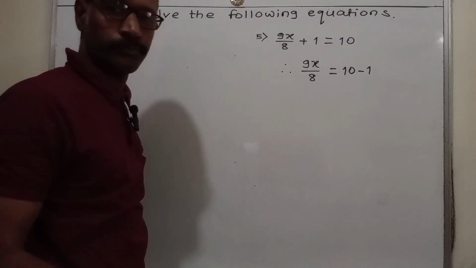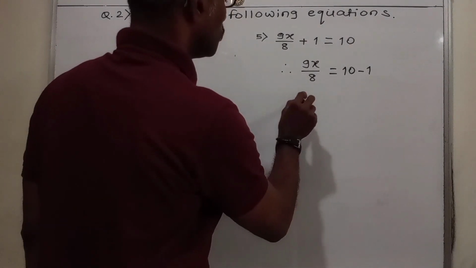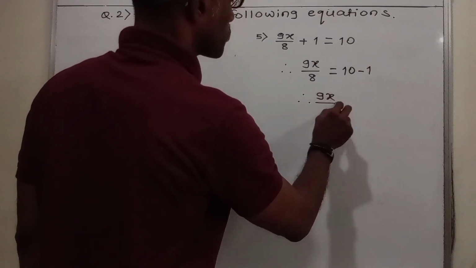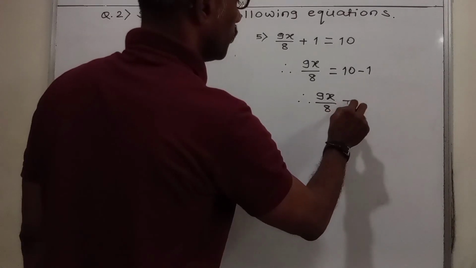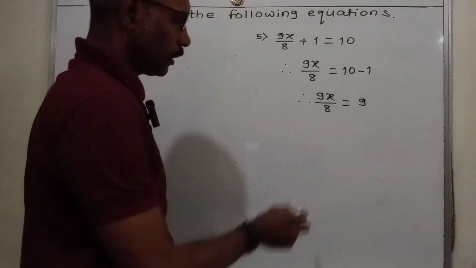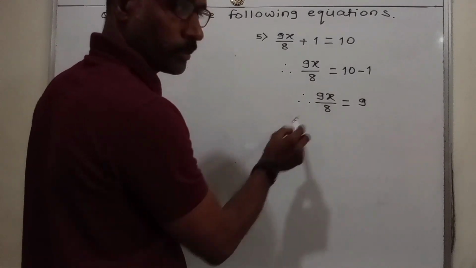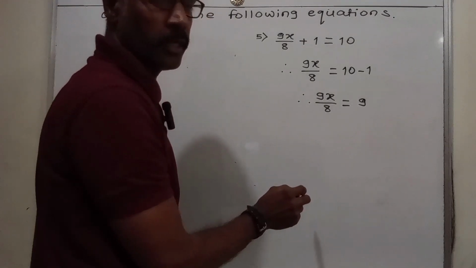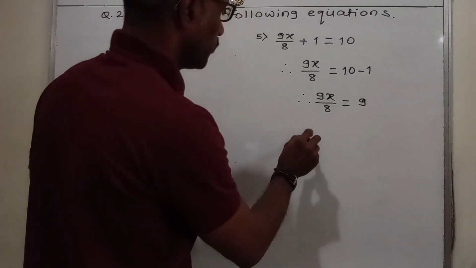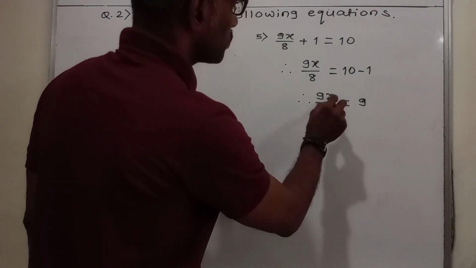Did you get it? Now, therefore, 9x upon 8 is equal to 9. Now this 8 is the denominator. We want the value of x. Therefore, see this.